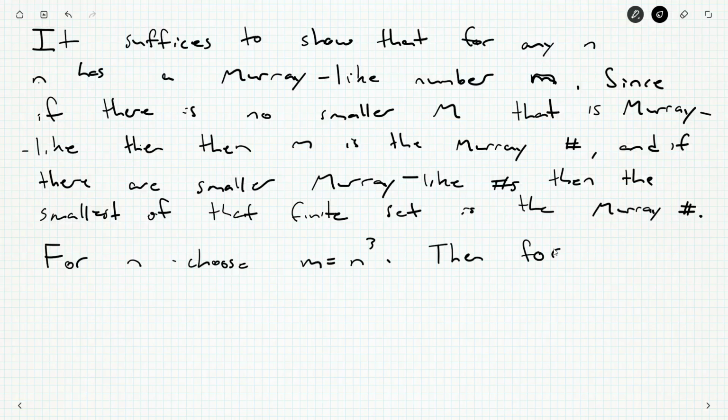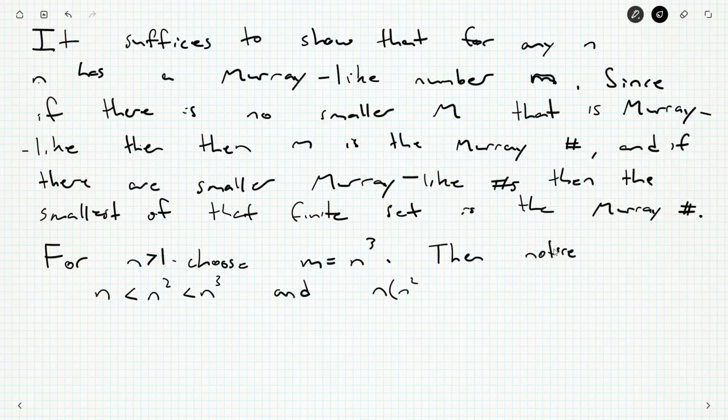Now we have to be a little careful. For n greater than 1, we'll choose this, and then I'll work out 1 as a separate case. Then notice that, because we chose n to be not 1, n is less than n squared, which is less than n cubed.